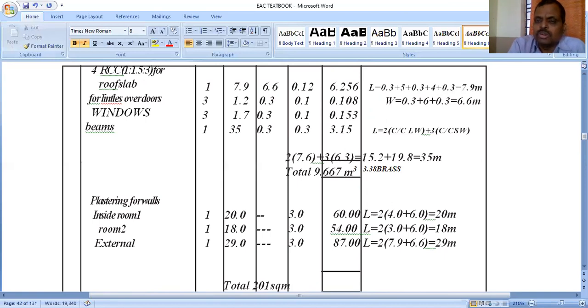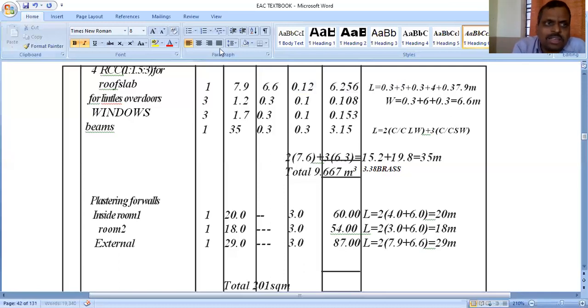So 5.3 plus 0.3 it will be 5.6 plus 4, 9.6, and this 0.3, it will be totally 9.9 meter.